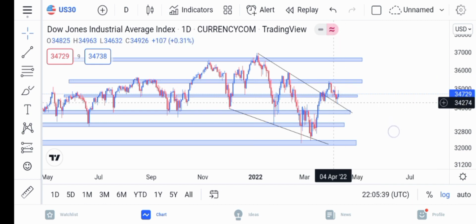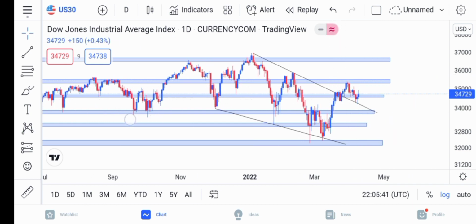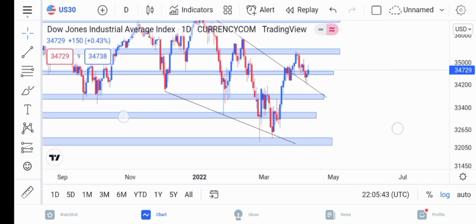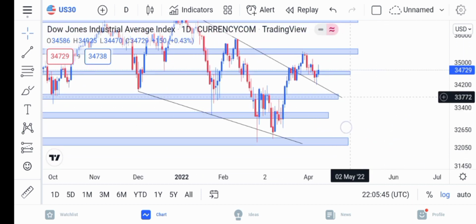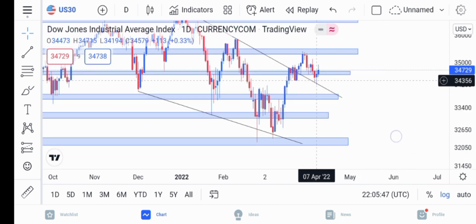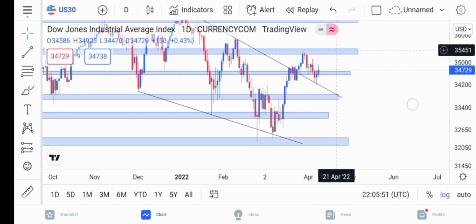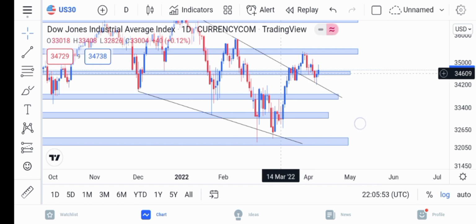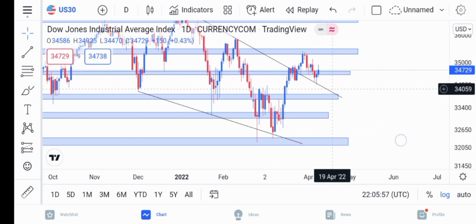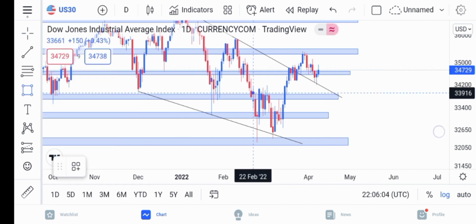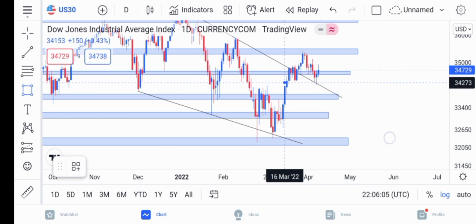But according to the looks of things, if we zoom in a little bit on the daily time frame, we can see there's a pin bar candlestick happening over here, showing us that you're pushing to the upside. We had a breakout from this point here, and then the market now retested this trend line here, showing it's going to push to the upside. So let us key in to this area here because it's significant.